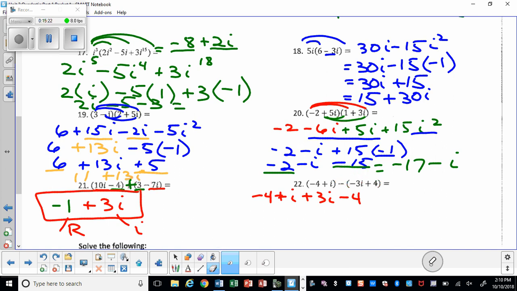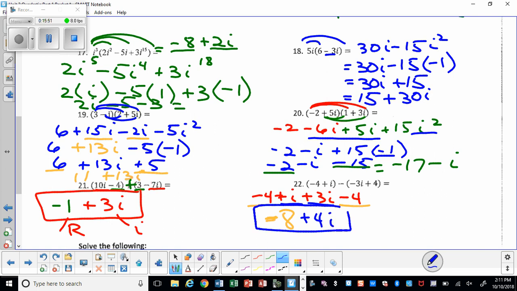I just want to be able to see the columns so I can make sure I got it right. So the opposite of negative is positive, the opposite of positive is negative. So now I can combine my like terms, right? I'll do my real numbers first. Negative 4 minus 4 is negative 8. Okay? And then I've got a plus 1i plus 3i, so plus 4i.